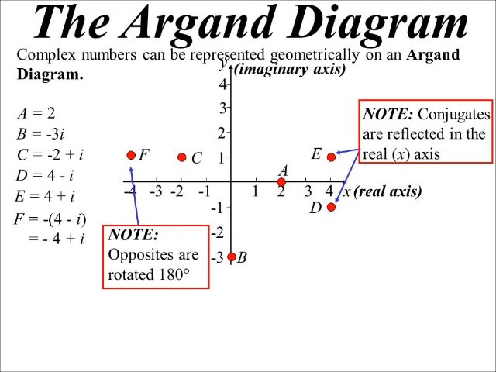So we'll always find conjugates reflected in the axis like that. What if I took the negative of a complex number? So the negative of D now, I'll get -4 plus i. Now what's the significance there as far as location goes? If you think of it two ways, you could think of it as straight through the origin. If I drew a line through the origin, it'll be symmetric through the origin.